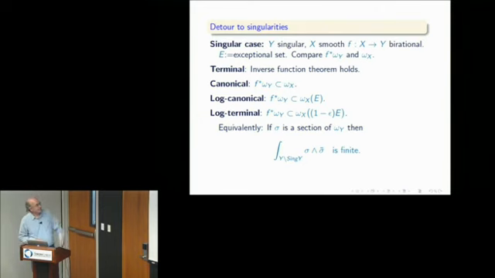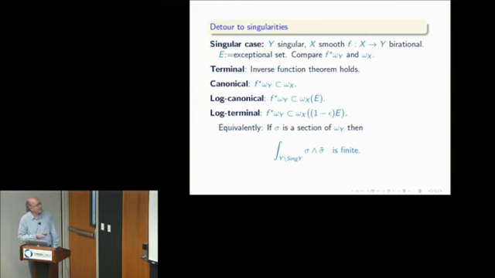Now then the other is the canonical one, where you just want to make sure that the pullback of omega y is contained in omega x. There is something like the Jacobian ideal, though maybe the way to write it down might be more complicated.